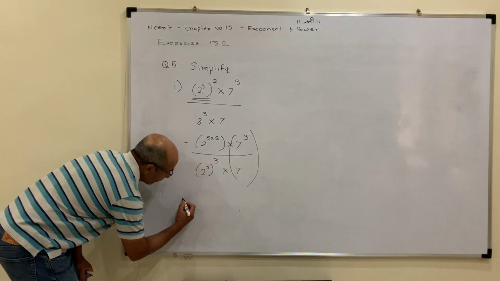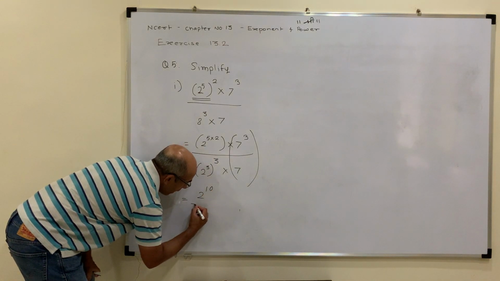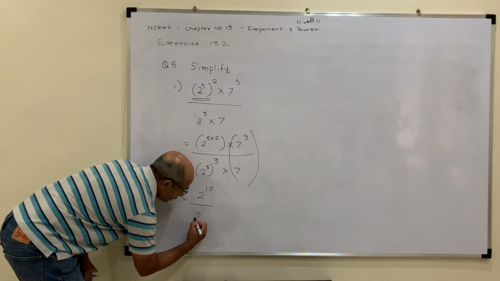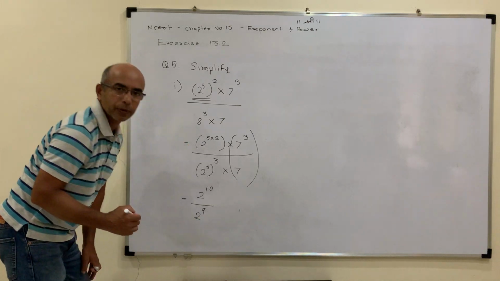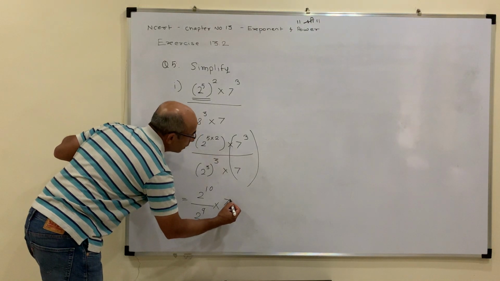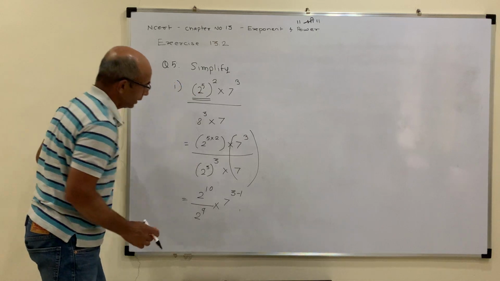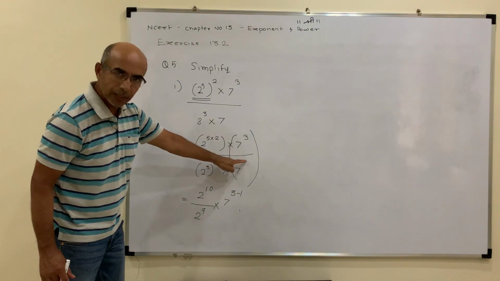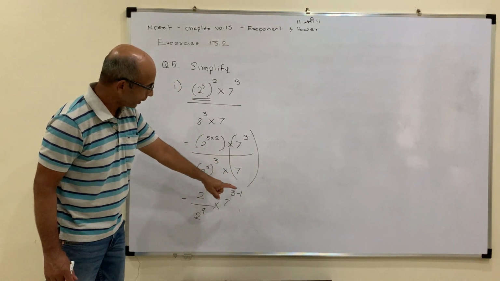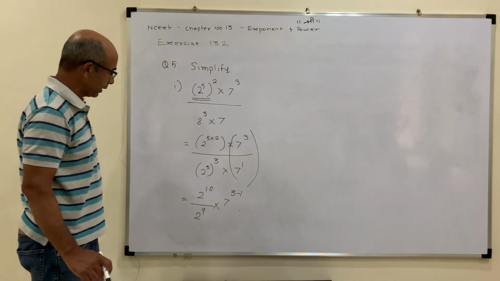So my next step will be 2^10 divided by 2^(3 into 3), 2^9, into 7^(3 minus 1). Since the base is same, operation is division, so we subtract the power of denominator from the power of numerator.